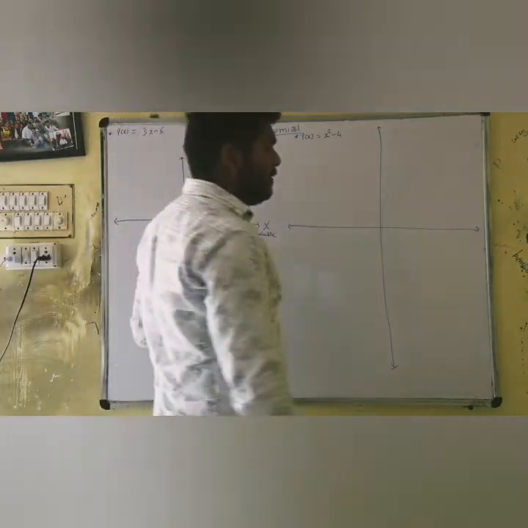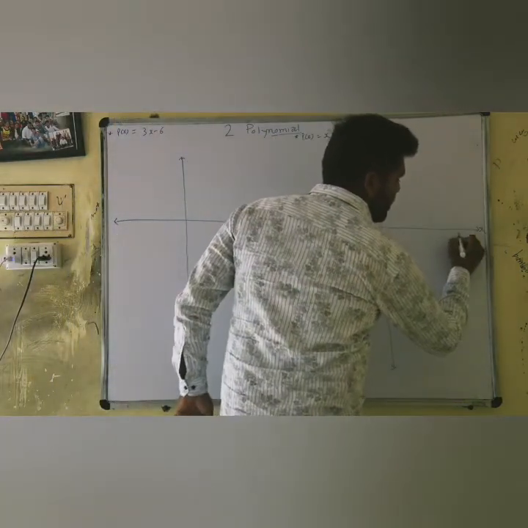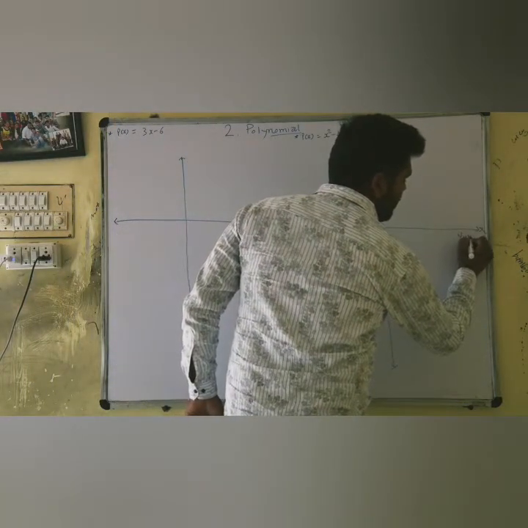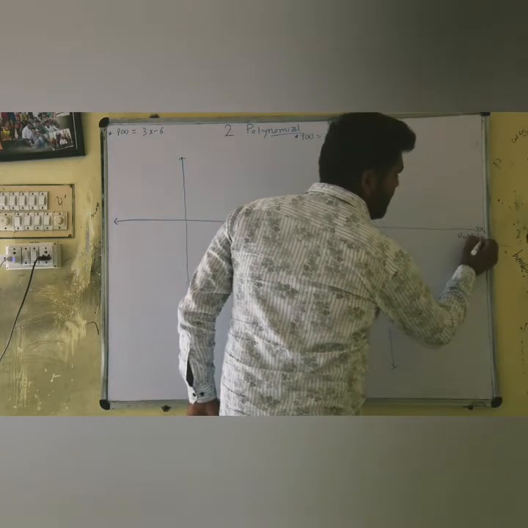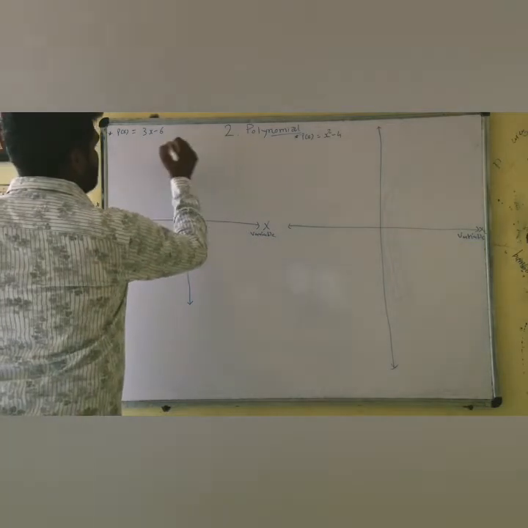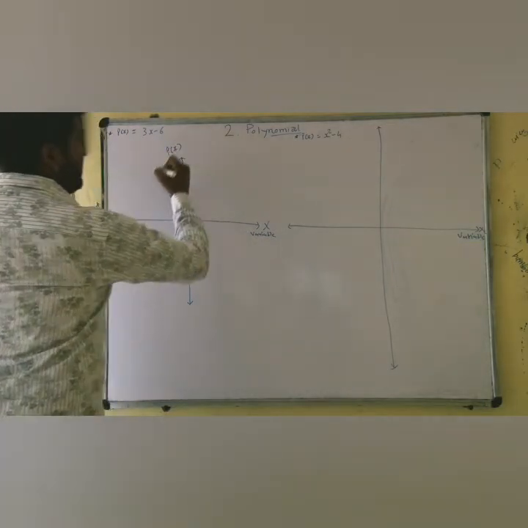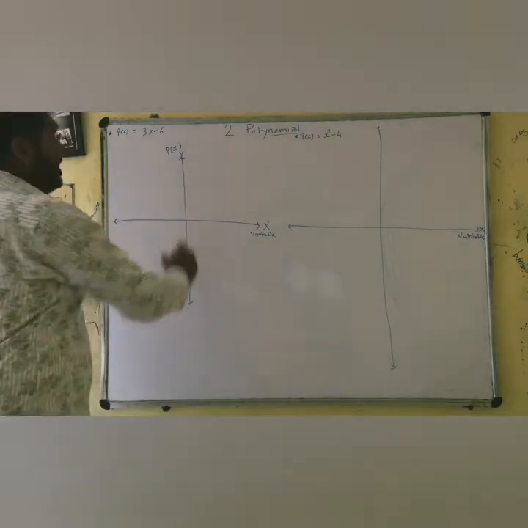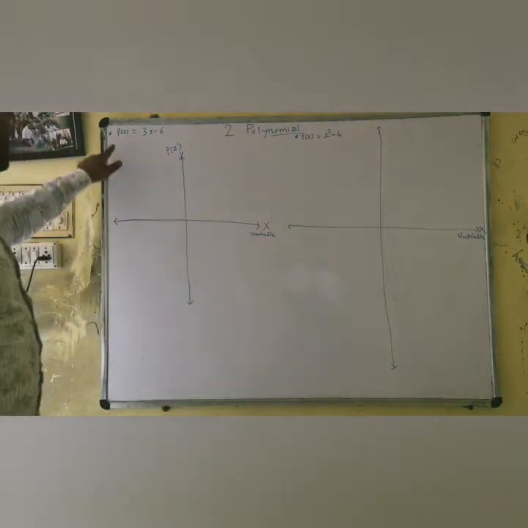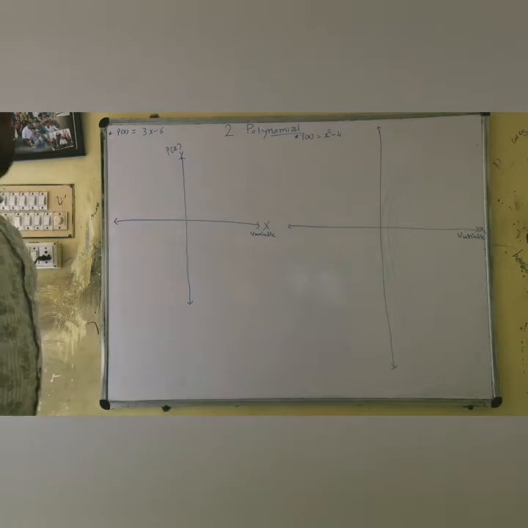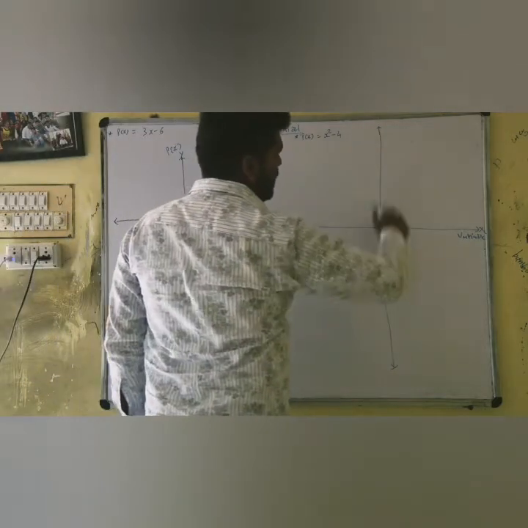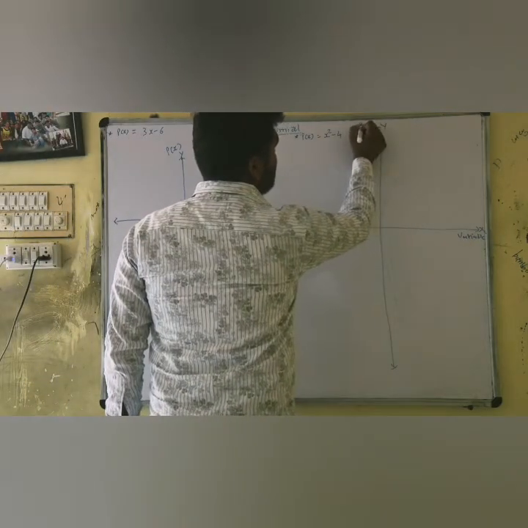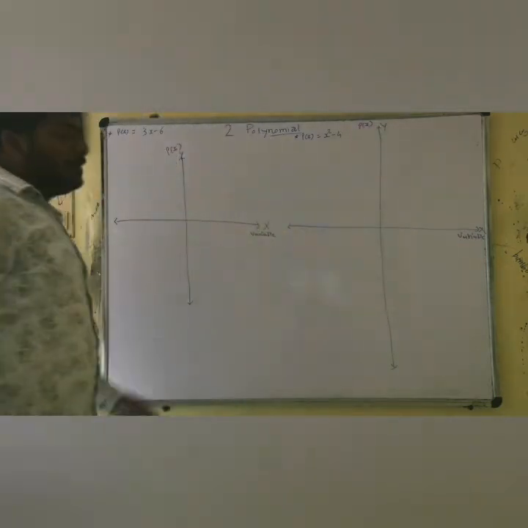Same for this graph. Clear? Now on the y-axis, we take the value of the polynomial. Same thing here.